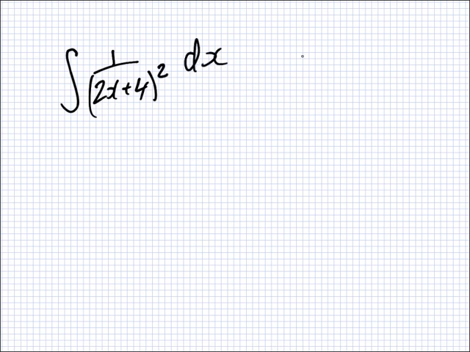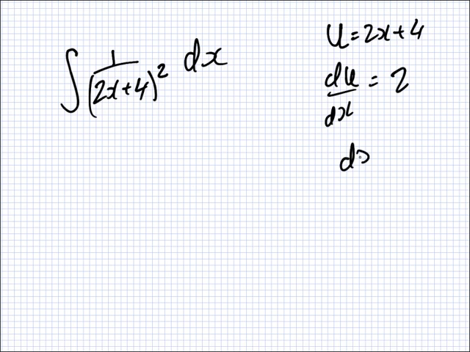So, integrate 1 over 2x plus 4, is it squared? Is that right? Yeah. u equals 2x plus 4. du dx equals 2. dx equals du over 2. This becomes the integration of 1 over u squared du over 2.